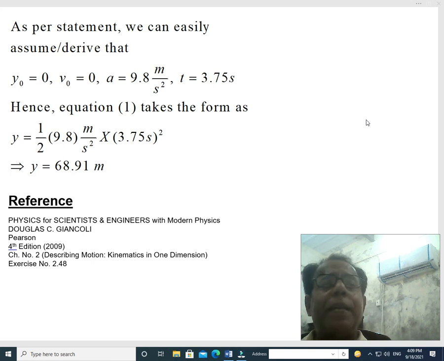Now we come towards the reference from where we have chosen this problem. The book is Physics for Scientists and Engineers with Modern Physics. Author is Douglas C. Giancoli.